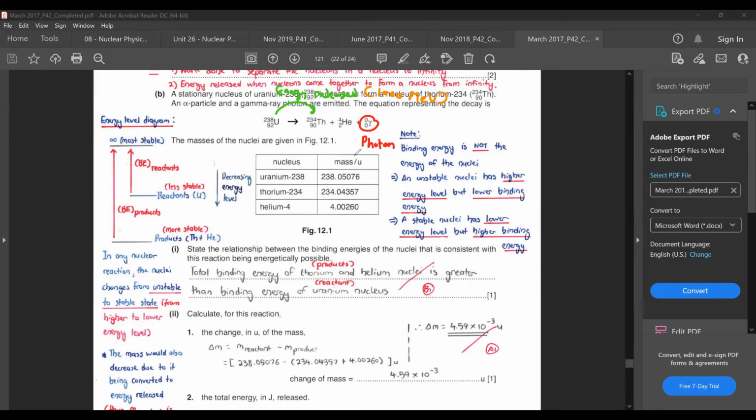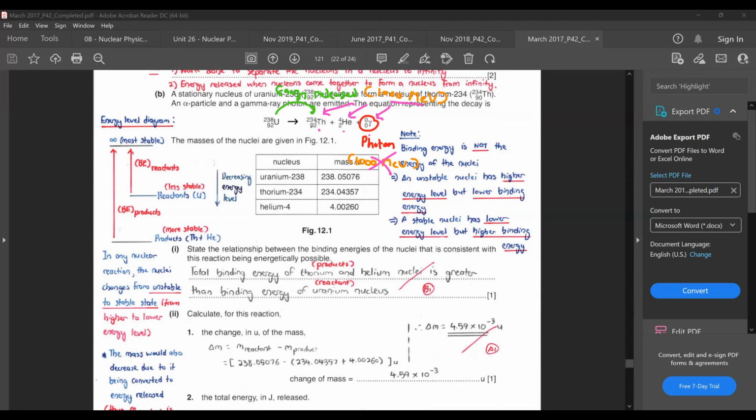Would your photon be carrying this whole 1,000 MeV of the energy release? The answer is no. Because the energy release is divided between the three products that you have: thorium, the alpha particle helium, as well as your gamma ray photon. It will be split between these three things.